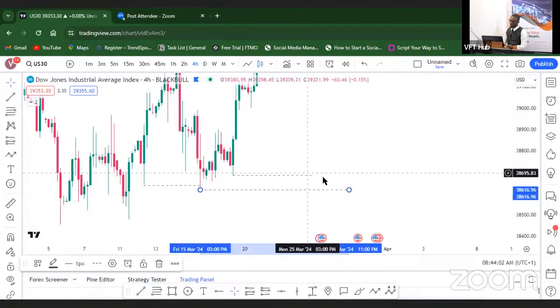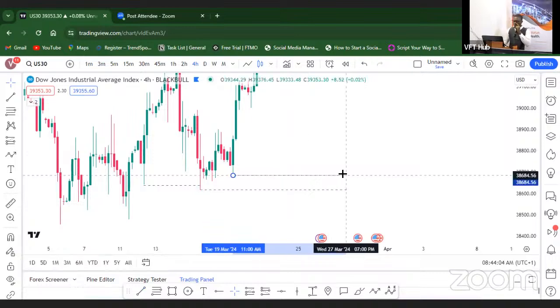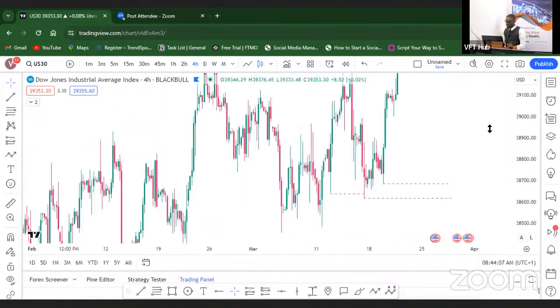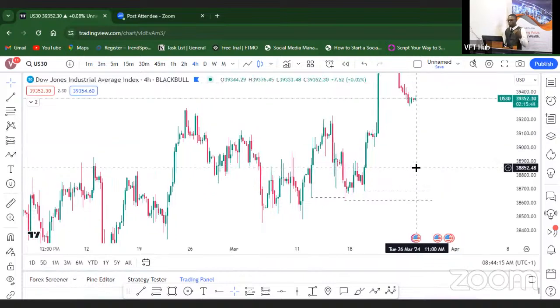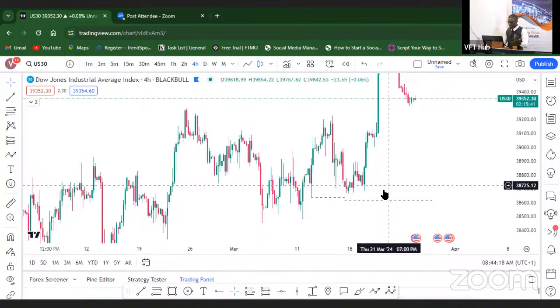It's a simple concept, market structure and liquidity. From a market structure perspective, we are creating multiple higher highs and higher lows to the upside, right? And so we are coming back to add liquidity points to it.